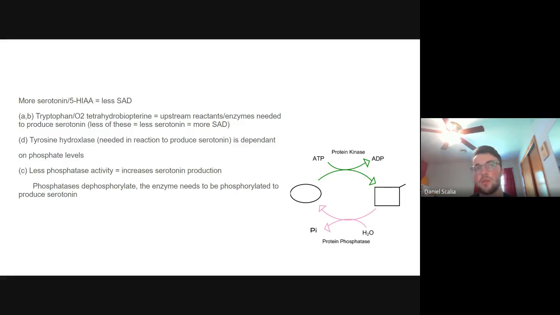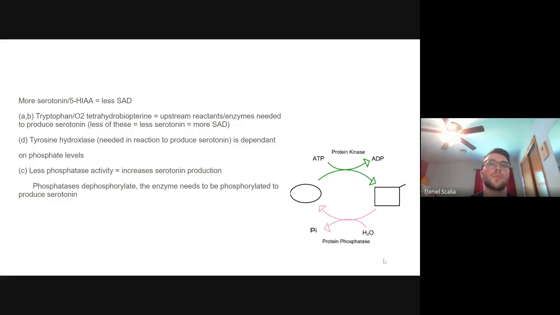So we're trying to look at how things affect serotonin levels. Tryptophan and this oxygen tetra something are both needed in this reaction to produce serotonin. So more serotonin, less seasonal disorder. So we can eliminate those.